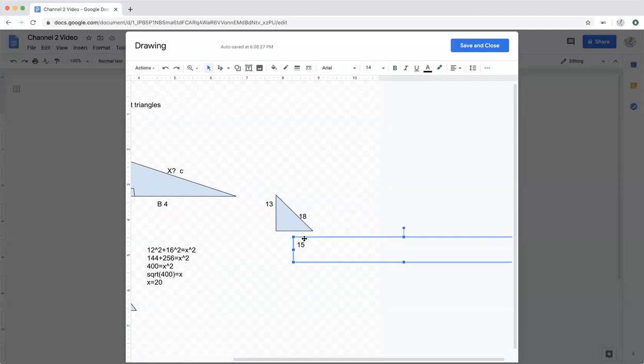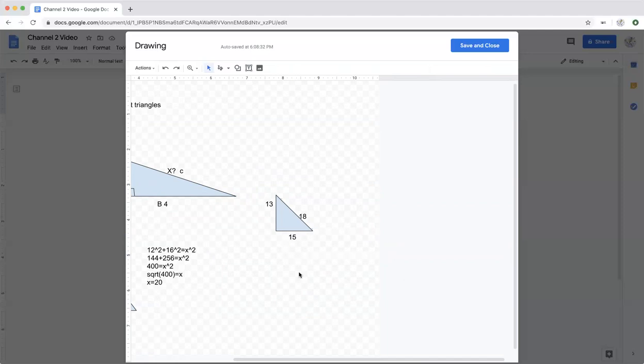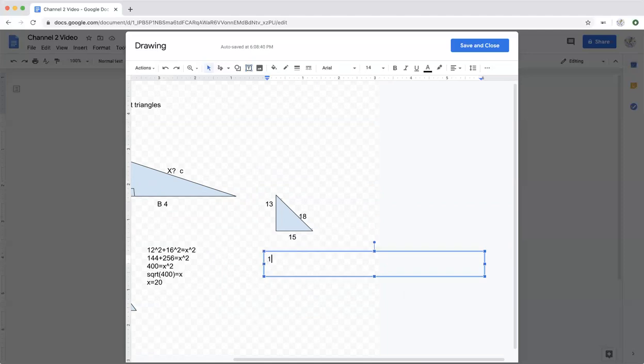In this problem, we're trying to find out if this triangle is right. So let's use the Pythagorean theorem. 13 squared plus 15 squared has to be equal to 18 squared. 169 plus 225 has to be equal to 18 times 18, which is 324.